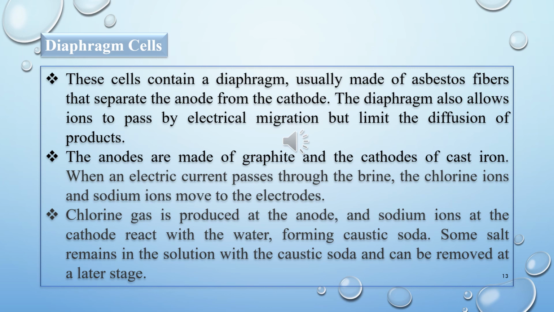The function of the diaphragm is that it will allow the ions to pass through it, but it will limit the diffusion of products. And the next point is that the anodes are made of graphite and the cathode of cast iron. When an electric current passes through the brine, the chloride ions and sodium ions move to the electrodes.